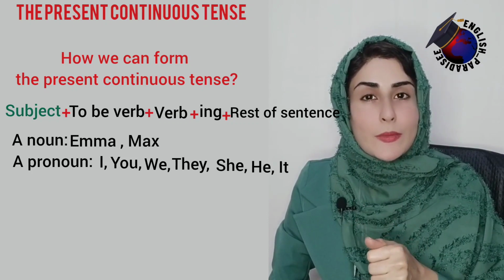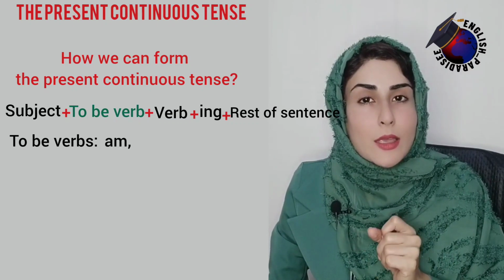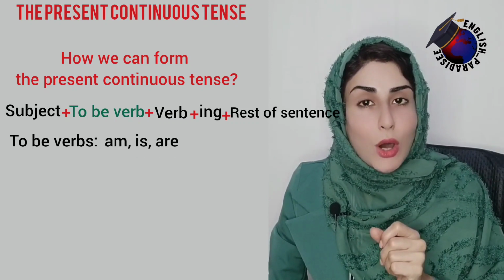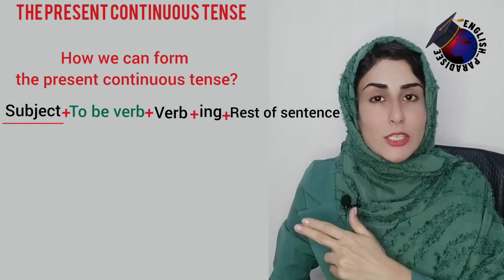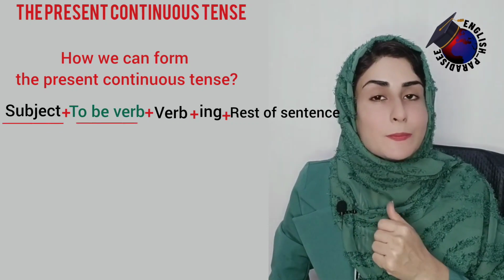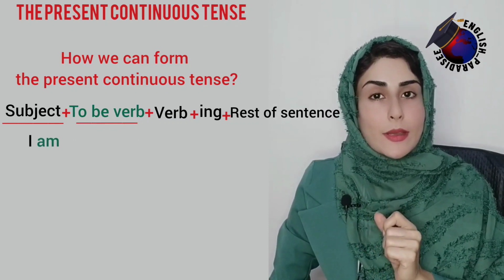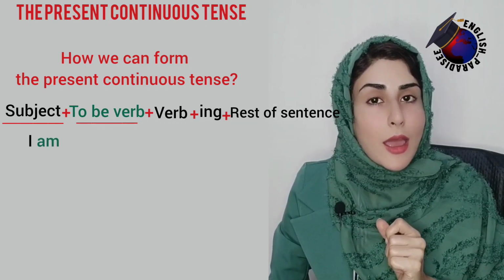Okay? To-be verbs are am, is, and are. Each subject has its own to-be verb. For example, we can use I with am, and then we have I am.